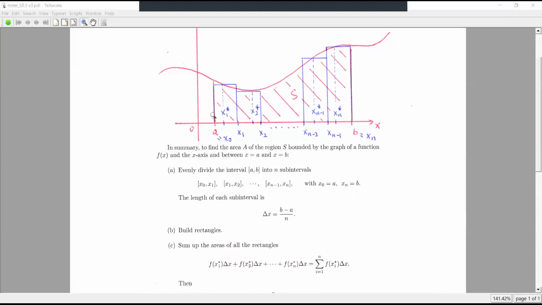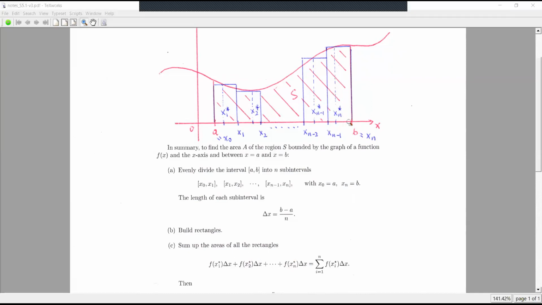So the area of the first rectangle is base delta x times height, the function value at x1 star. This is the area of the first rectangle. The area of the second rectangle is the base, the length of the subinterval delta x, times the height, the function value at x2 star. This is the area of the second rectangle, and so on. This is the area of the last rectangle.